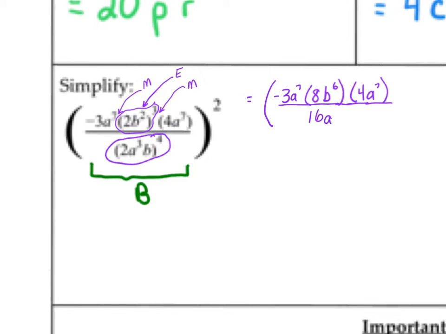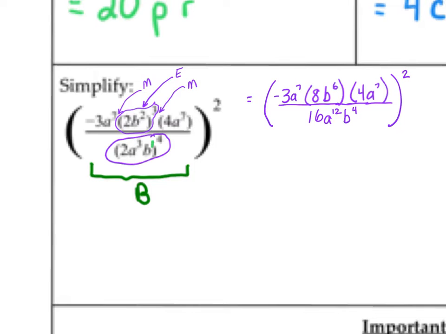So that would be a to the 12. And for the b's, you want to remember when the exponent isn't showing, it's an exponent of 1. So the exponent of 1 will multiply with the exponent of 4. So that would be b to the 4. And then you still have an exponent of 2 on the outside.